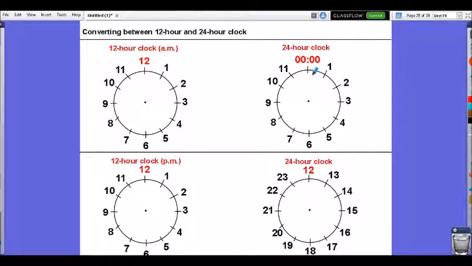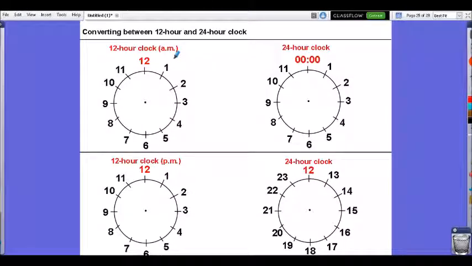It's just for you to understand how it works, but all you need to know is that AM, which is between midnight and noon, as we agreed in the previous slide, stays the same in the 24-hour clock.